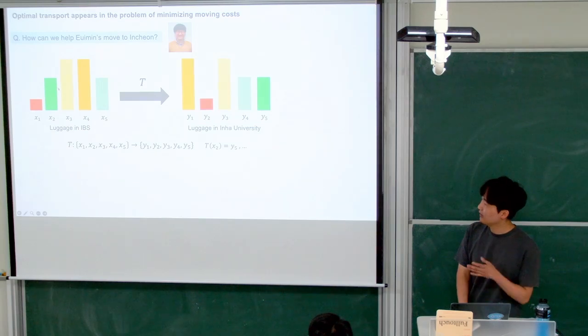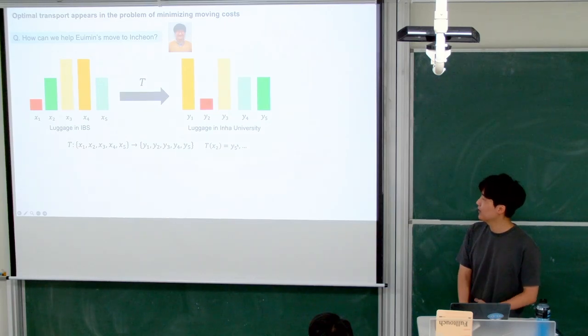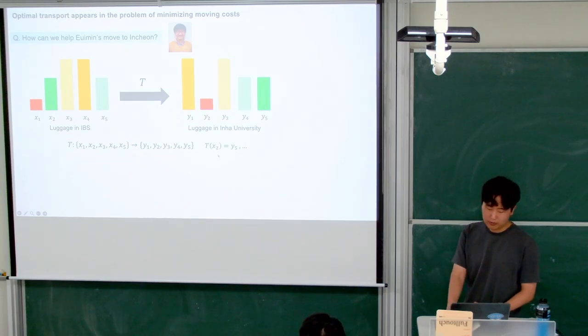I deliberately distinguish the colors of the same luggages to emphasize that there are various choices of map T. For instance, we can have it like this: T of x2 is y5.